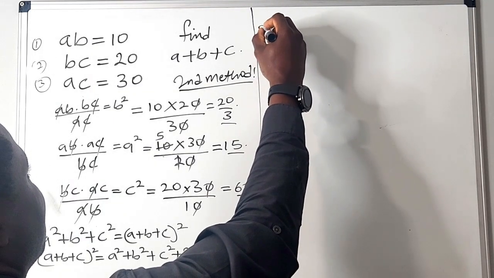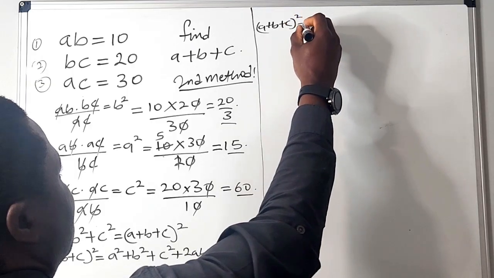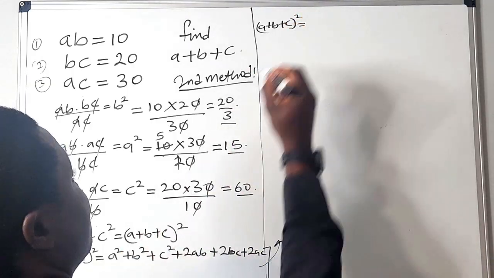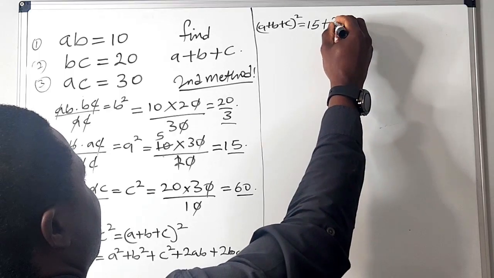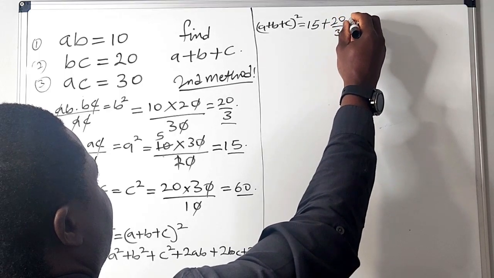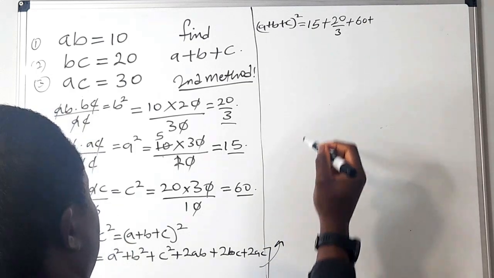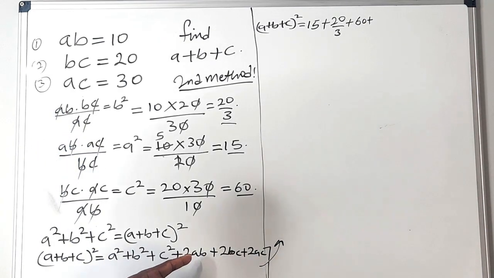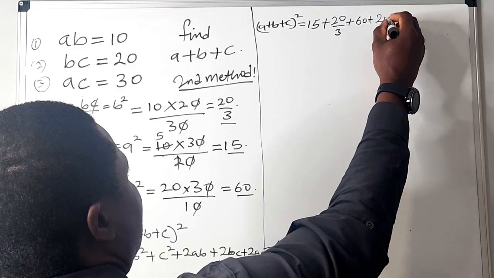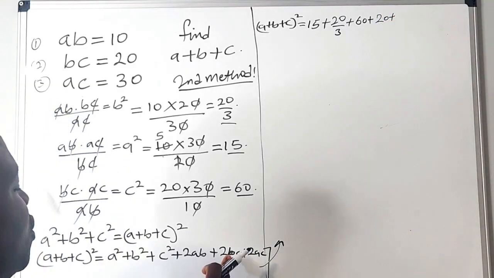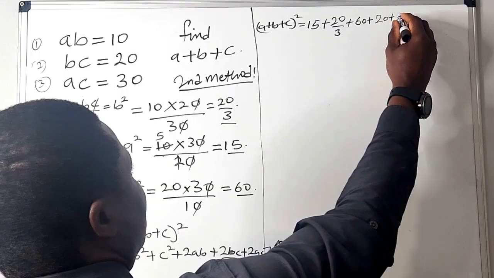So now A plus B plus C squared is equal to A squared is 15 plus B squared is 20/3 plus C squared is 60 plus 2AB. So 2 times AB, that's 20, plus 2 times BC. 2 times 20, that's 40.